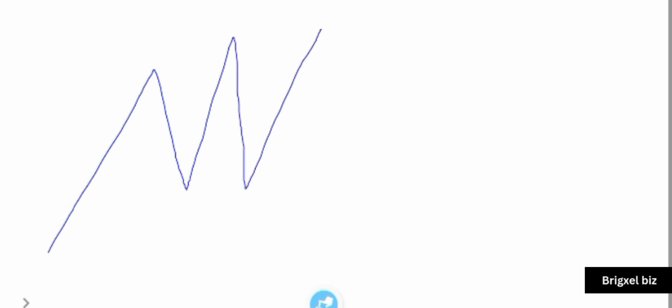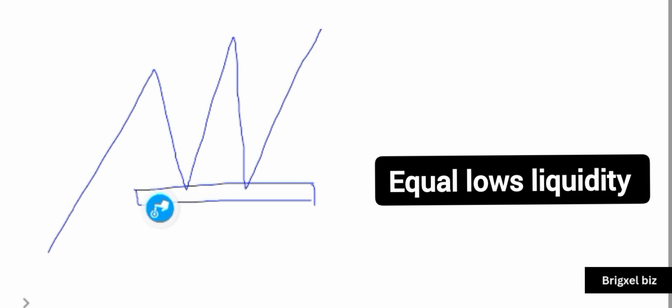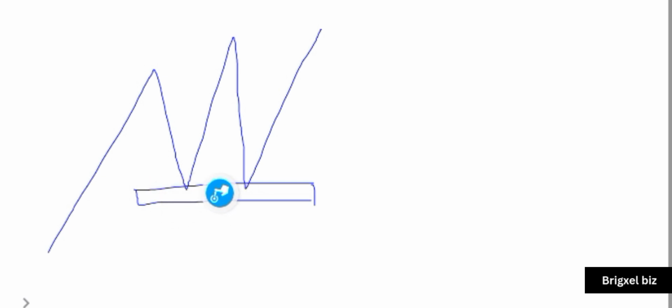Notice there is a floor here that the market seems to be struggling with. This is what you call your support level, right? So there seems to be a support level, or a temporary floor, that the market is battling with. This right here is what we call equal lows, because the market is struggling to break this region. There will be liquidity sitting around this zone.